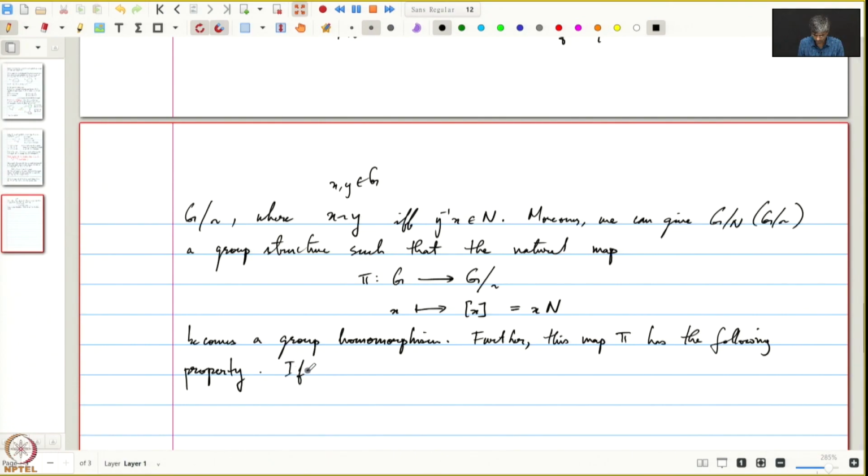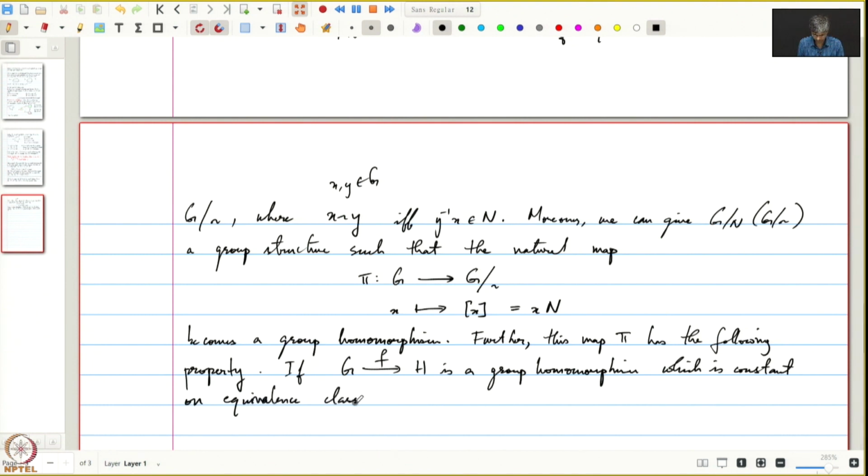If we have a group homomorphism F from G to H, which is constant on equivalence classes, then we get an induced map of sets.